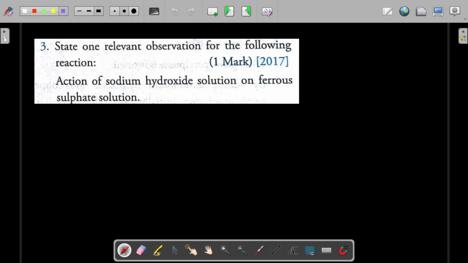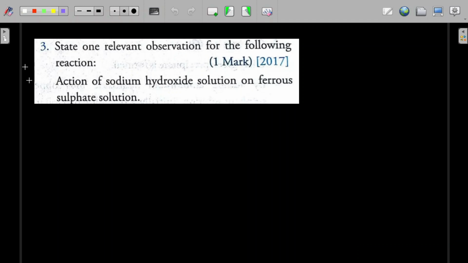Next, state one relevant observation: action of sodium hydroxide solution on ferrous sulfate. Yes, Dhruva, tell me the answer for this.